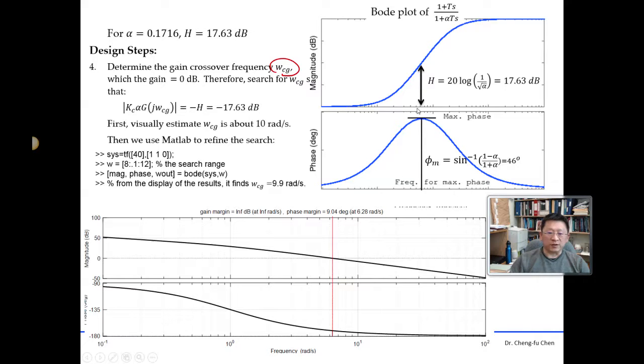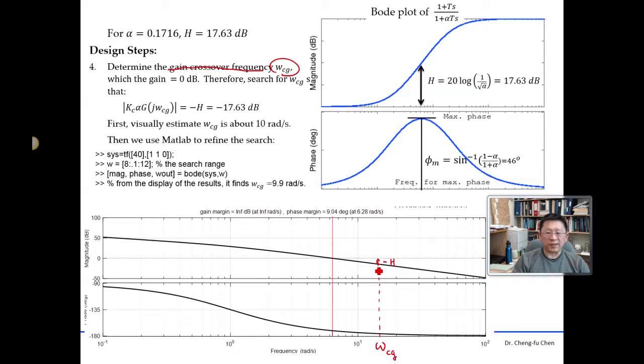With this number ready, you simply scan through the Bode plot of the open loop system such that the magnitude is negative H. You are looking for the frequency, which we call the gain crossover frequency omega G, at which the magnitude on the Bode plot of the open loop system is minus H, which is minus 17.6.